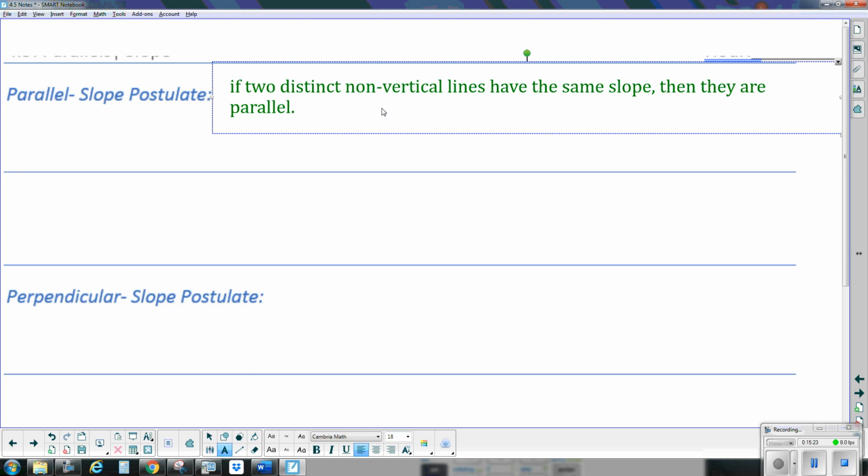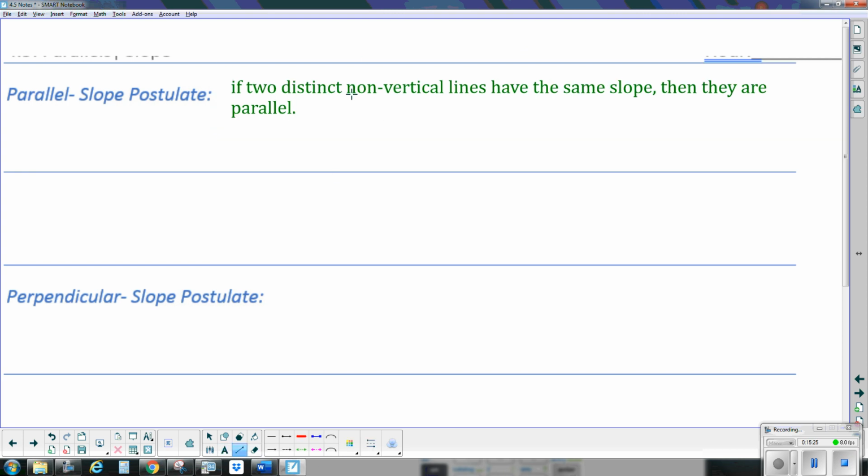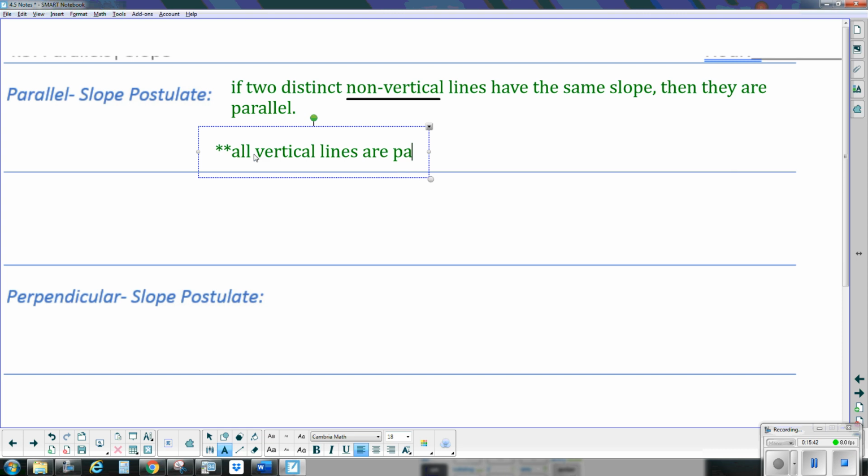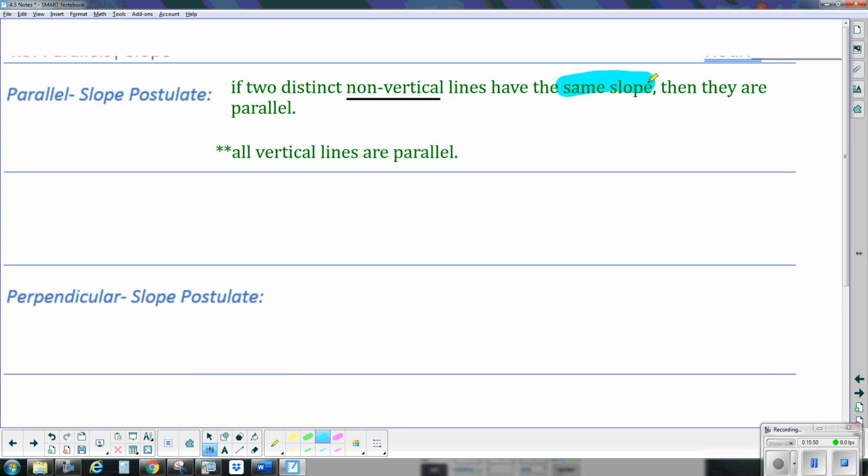We have to say non-vertical because vertical lines don't have a slope. Their slope is undefined. So because we're saying non-vertical here, we're going to make a subpoint saying that all vertical lines are parallel. Okay, so in order for lines to be parallel, we can show they're parallel if they have the same slope.